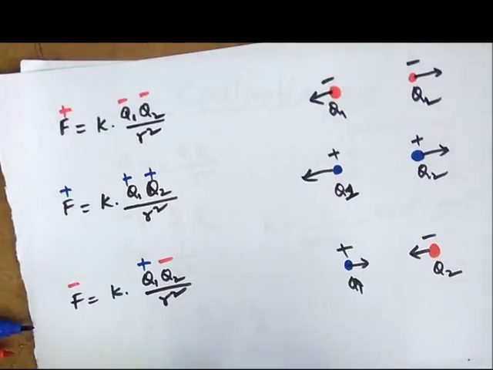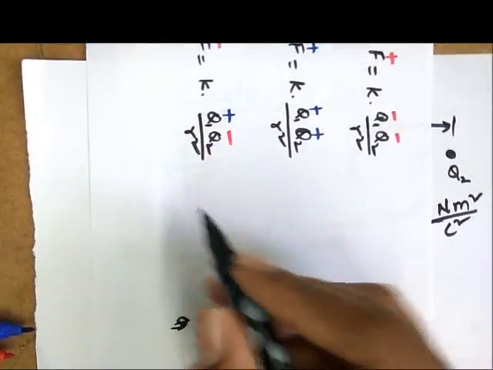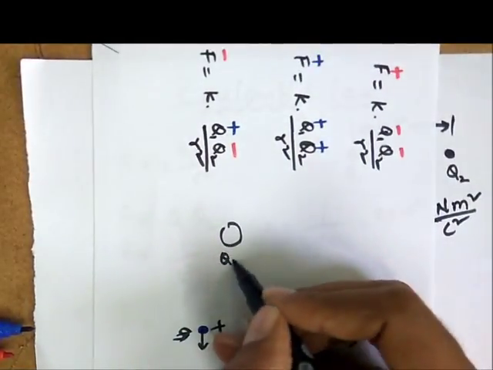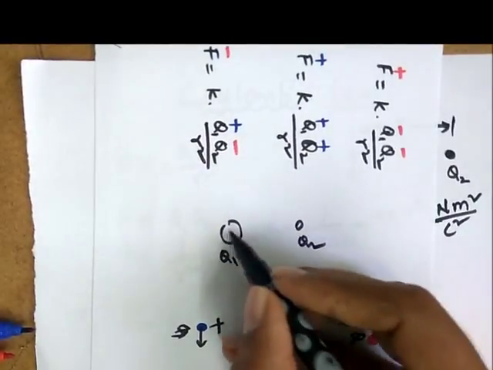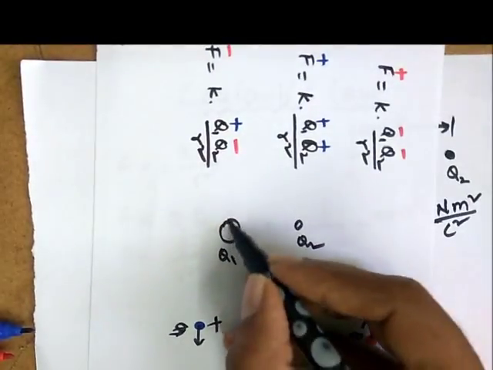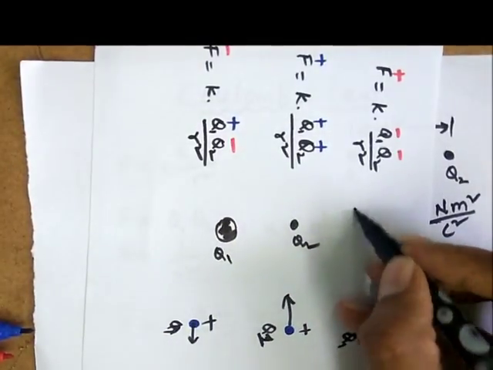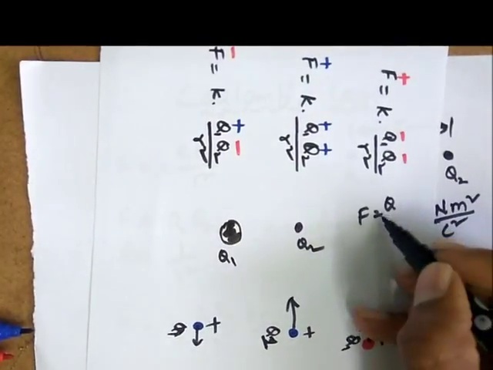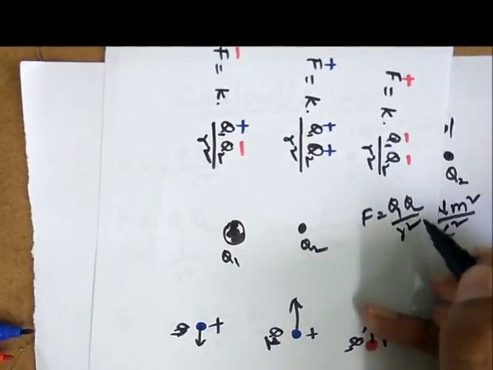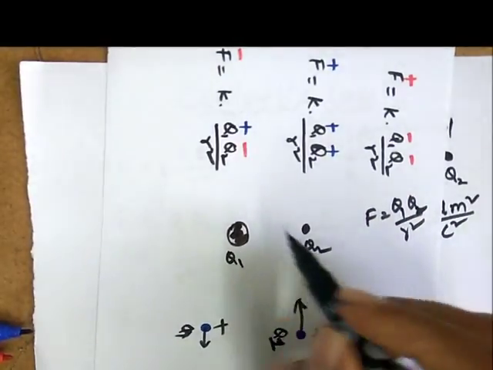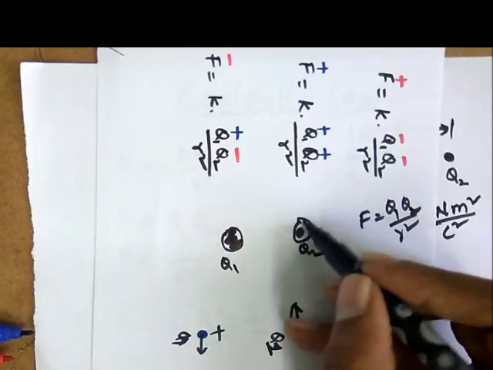Let us consider a simple example where Q1 and Q2 are like this. So, as we know, F is directly proportional to Q1 Q2 by R square. What if I make this Q2 larger?